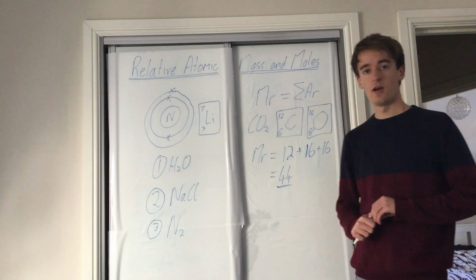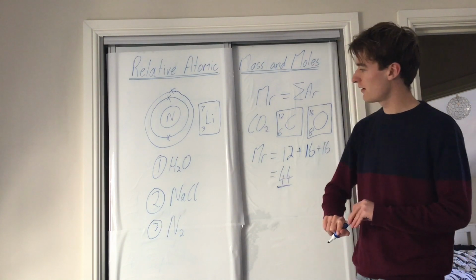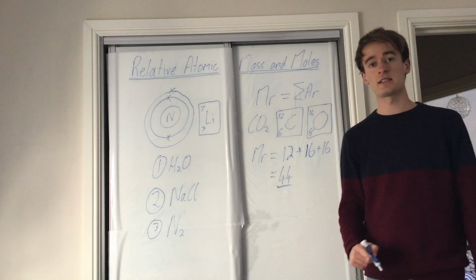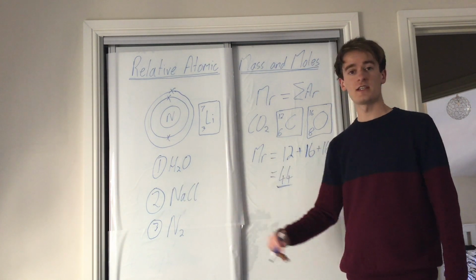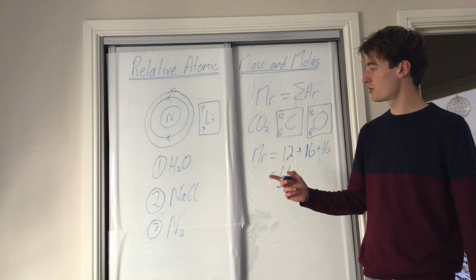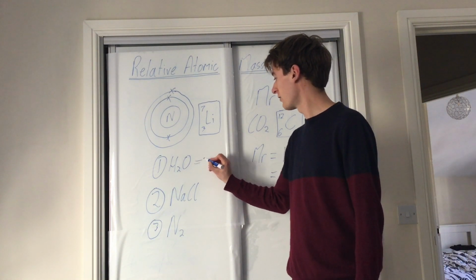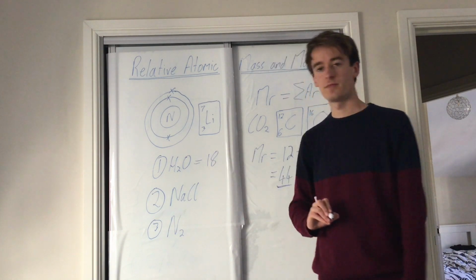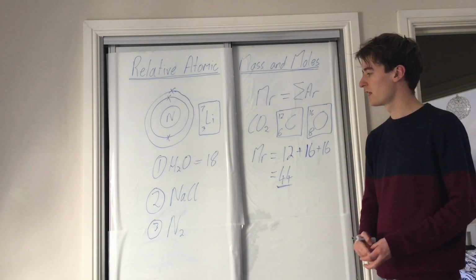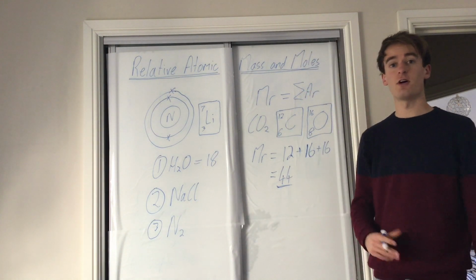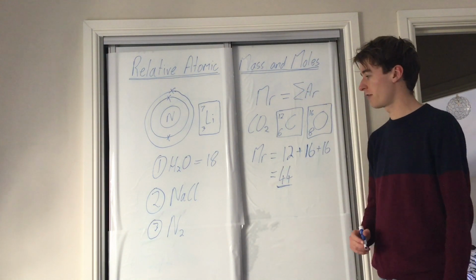Brilliant. So, welcome back. Let's talk through these. So, hydrogen, you should have seen that the mass number is 1. Oxygen is 16. So we've got 2 times 1, which is 2, plus 16. Hopefully you got 18 for this. You will have needed a periodic table. Sodium is 23 and chlorine is 35.5 on the periodic table.